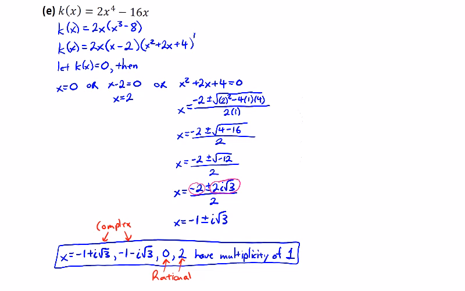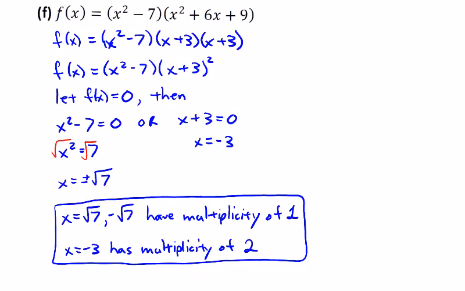And we did one more example. This was part F. And in part F, we have the square root of 7 and the negative square root of 7. These would both qualify as being irrational. And x equals -3 is going to be classified as rational.